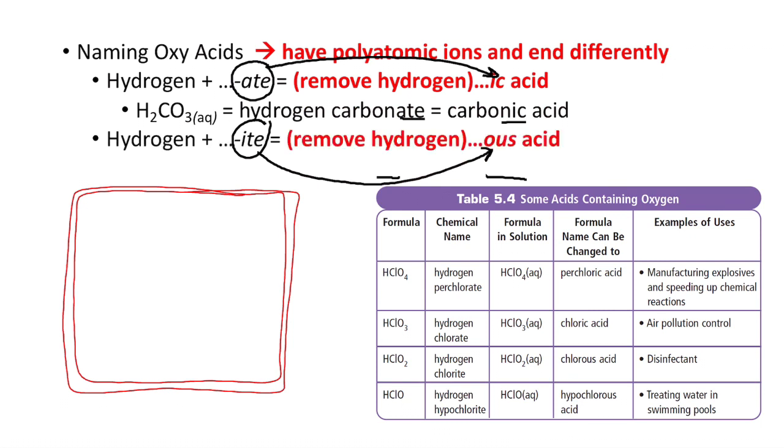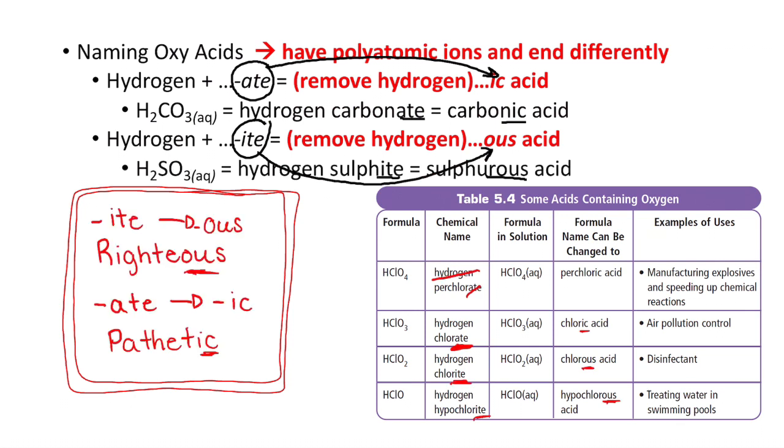Second example, if a polyatomic ends in ITE, we again remove the hydrogen and end it with OUS acid. So for the second oxy acid, you've got hydrogen plus some polyatomic that ends in ITE. For this type, we drop the hydrogen just like before and replace the ITE ending with OUS.